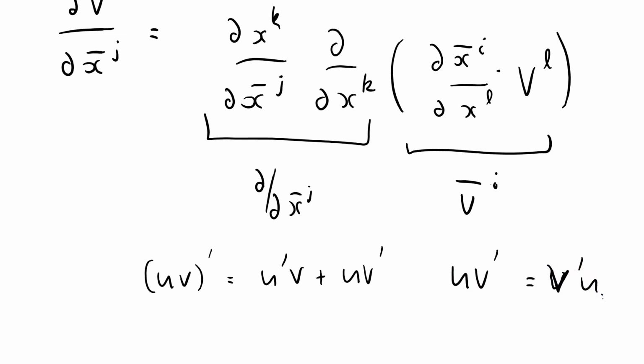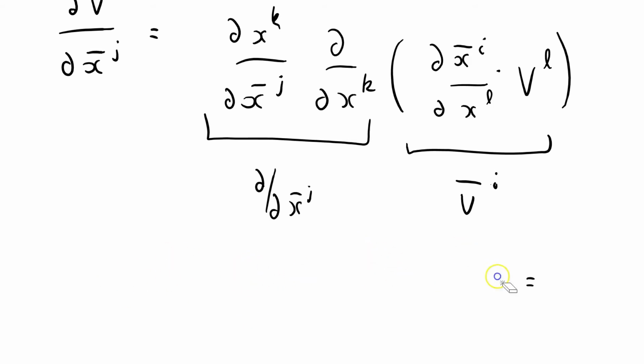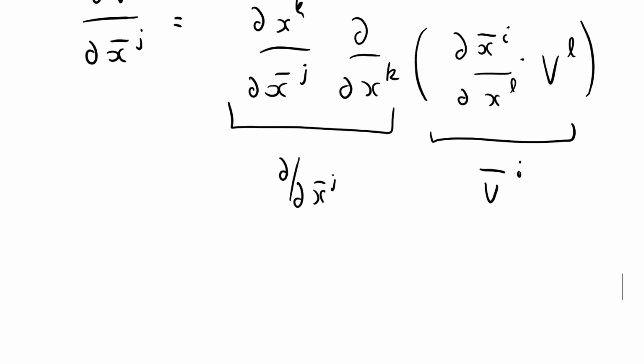I might swap the order over, just to warn you about that, because it's easy to make this kind of transformation in your head when you're used to it, and it can be difficult to follow what's going on. Okay, so I've got (uv)' = u'v + uv', and I'm going to use that formula to differentiate this product here.